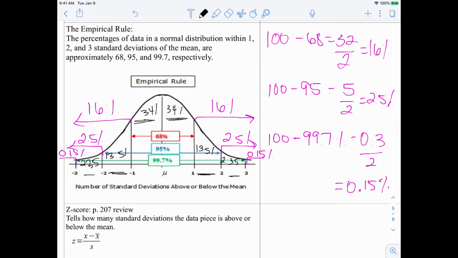So the empirical rule helps us make these calculations without having to use a calculator or the table. It's really nice. Now, this only works if you are exactly 1, 2, or 3 standard deviations from the mean. If we're not, then that's when we have to use the table or the calculator. And to determine how many standard deviations we are from the mean, we use the z-score.